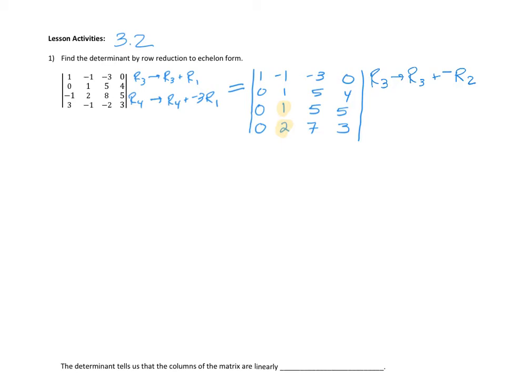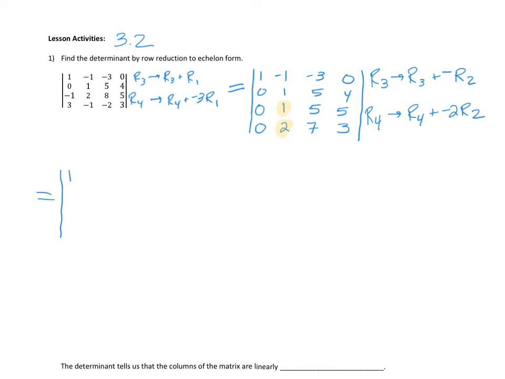And then row 4 is going to become row 4 plus -2 times row 2. Those are row operations that don't change the value of the determinant, so this is equal to the determinant of the new matrix.